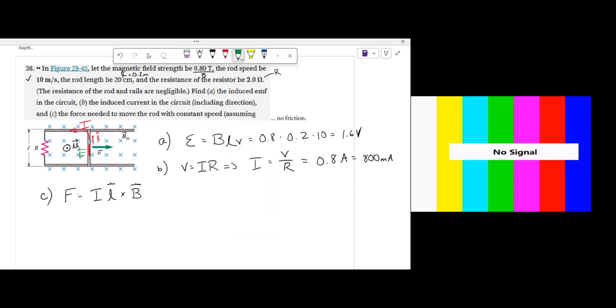So it is going to be a resistive force here. And so that's going to be equal to 0.8 amps times a length of 0.2 meter times a magnetic field strength of 0.8 Tesla, which is 128 millinewtons.